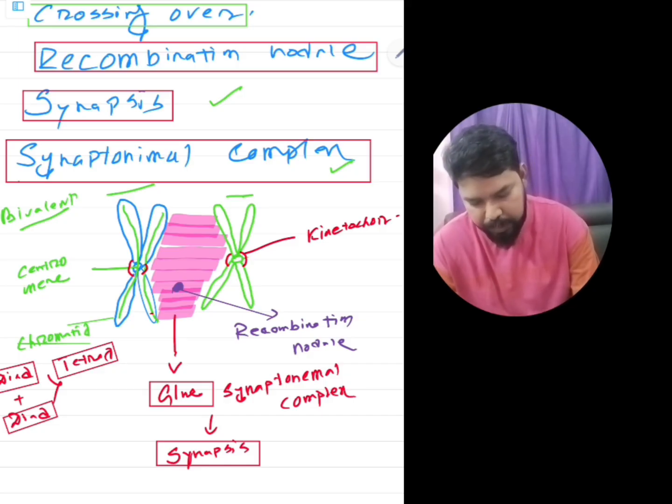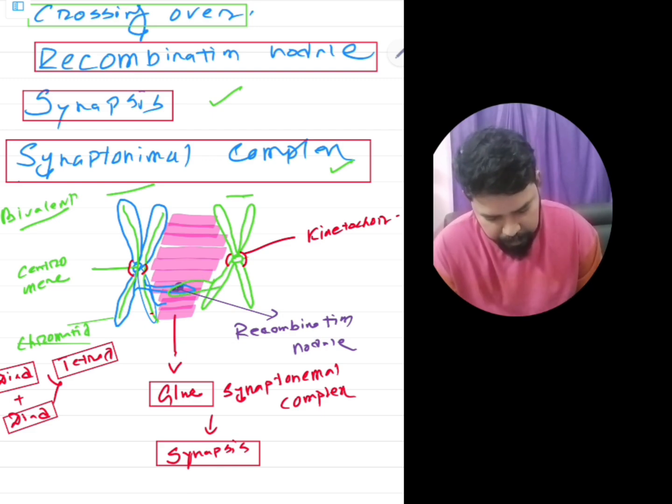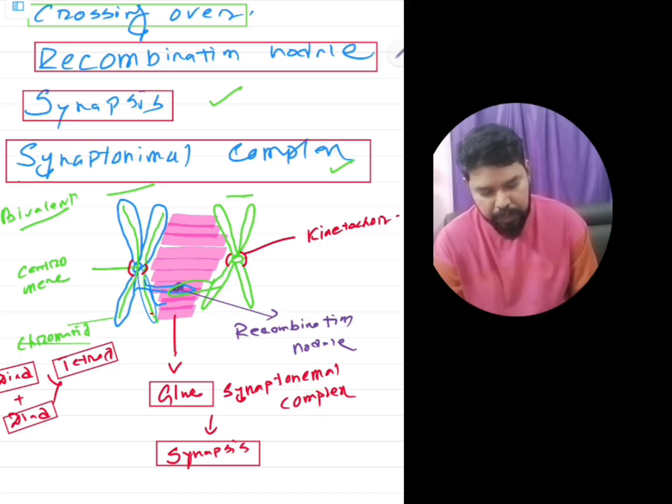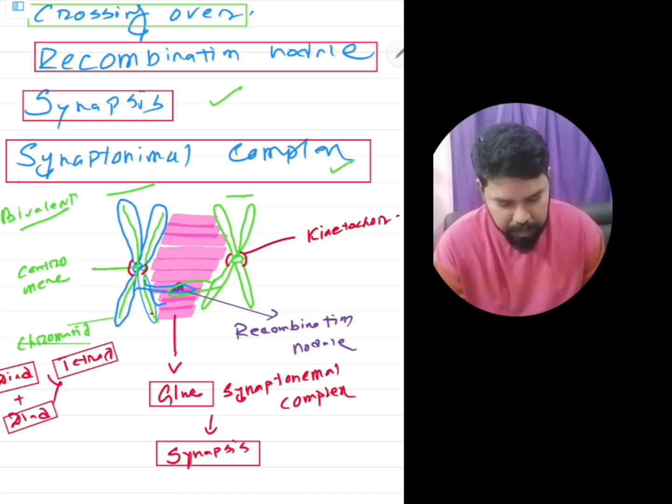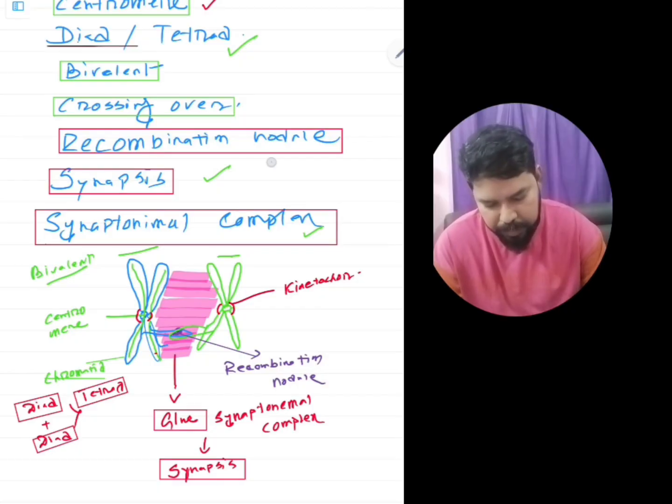If I extend this chromosome, here the chromatids will be fused, and there will be crossing over. Crossing over means one chromatid will cross with another chromatid of the homologous chromosome, so recombination takes place and the genetic material is recombined. I think I have taught all the terms. The recombination nodule helps in locating the pinpoint where crossing over takes place.